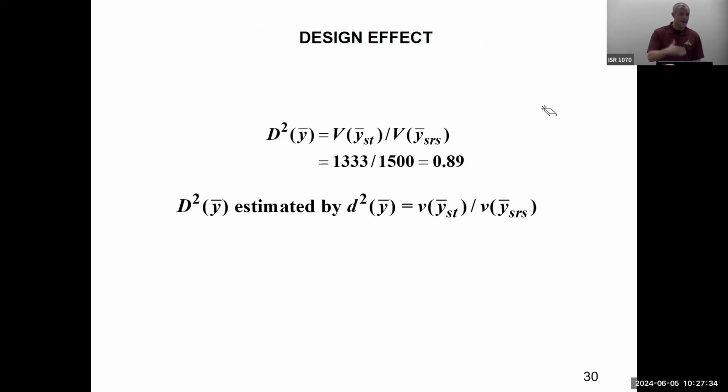I am getting gains in the efficiency of the estimate from the decision to stratify. Why? Because I'm removing the between stratum variance from the calculation by design. It doesn't contribute to the sampling variability at all. So I get an 11% gain in my efficiency, an increase in precision from that decision to do stratified sampling.